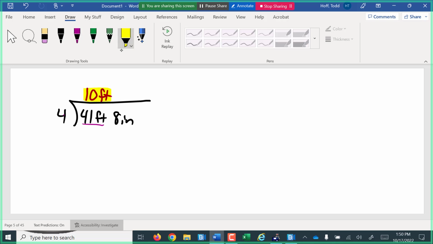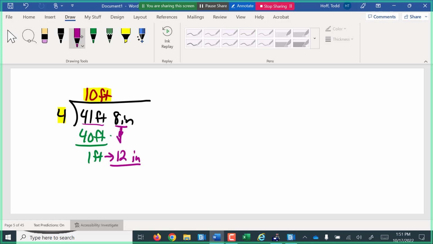What is 10 feet times 4? That's 40 feet. So what's left over is 1 foot. Now here's where things are a little different with our measurement. Before I can bring down the 8 inches, I have to convert the 1 foot into inches. How many inches is that? 12.